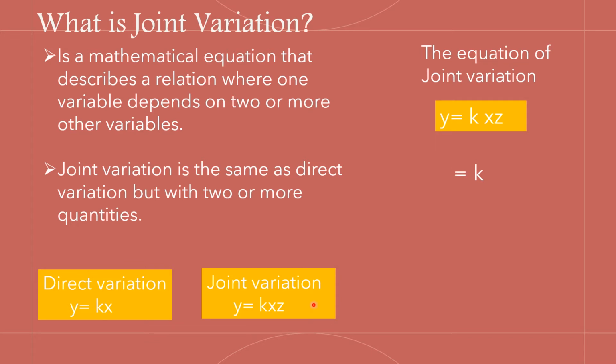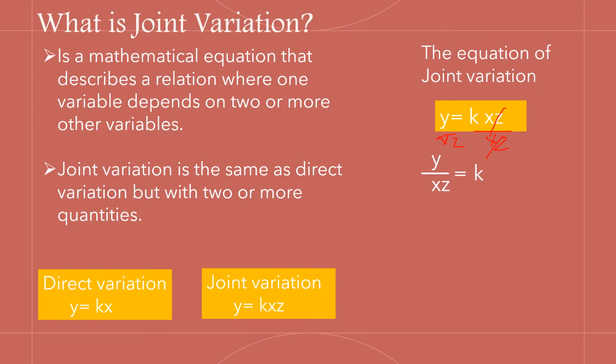Wherein, if you want to solve for k, you can also use this, substitute, then solve for k. Or if you want it direct, this is the formula for k, that is y over x z, because we just divide both sides by x z to isolate k. So k is equal to y over x z.